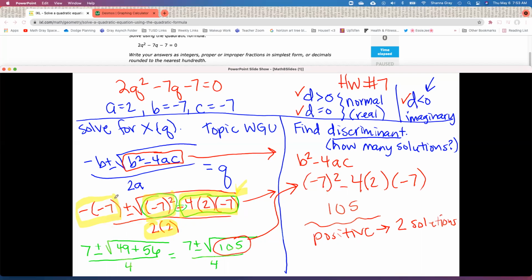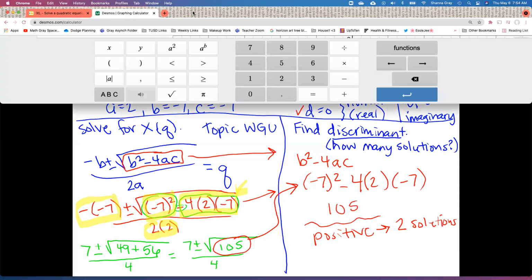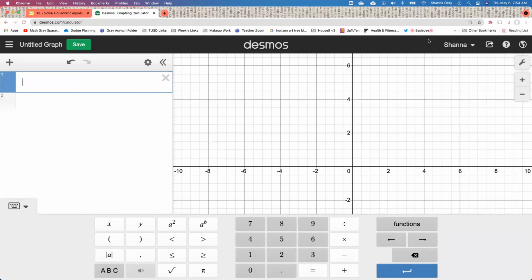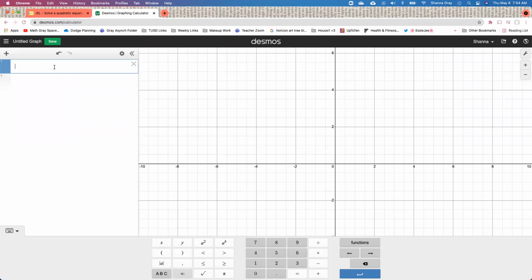Okay, so now that we're dealing with something that's definitely not a perfect square, let's go into Desmos and put in our formulas. I'm gonna unzoom all this, reset. Okay, so I want to put in the whole formula.